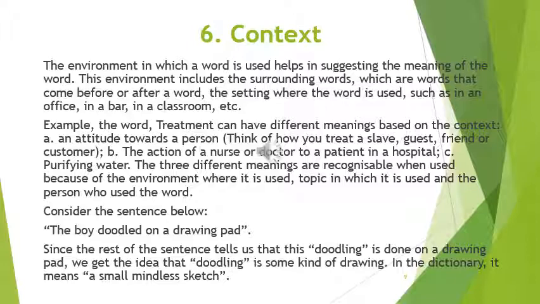The next thing is the context. The environment in which a word is used helps in suggesting the meaning of the word. That is, the environment where a word occurs helps in understanding the meaning of that particular word.